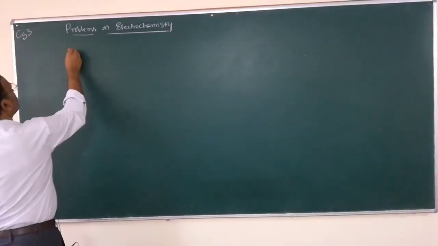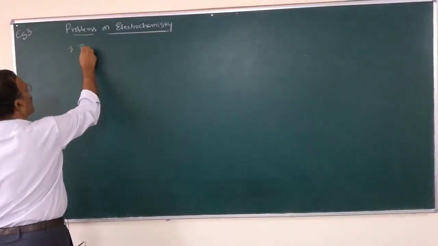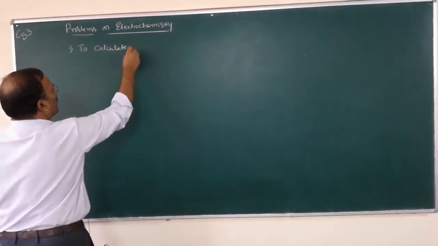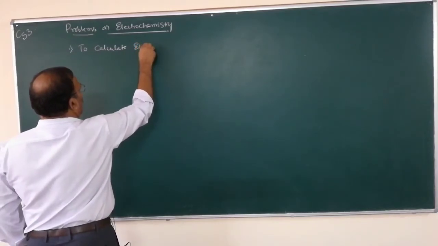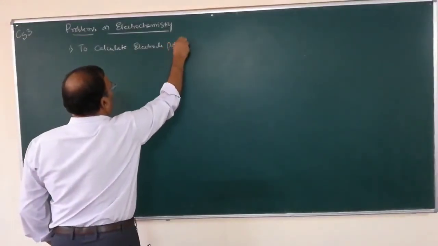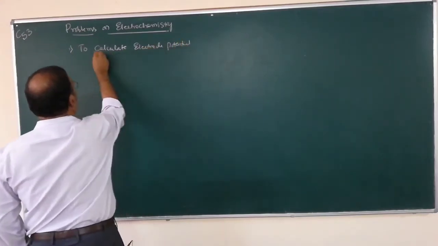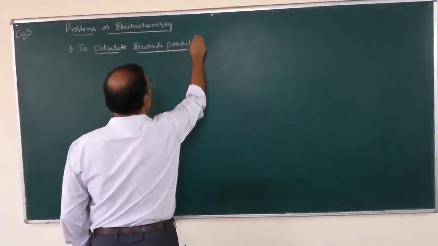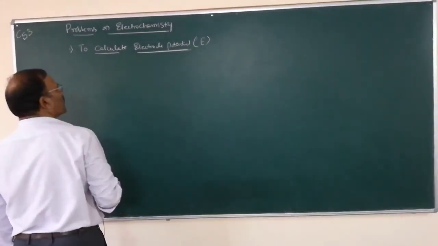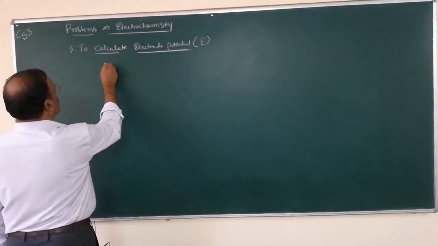Number one, to calculate electrode potential, that is E. So, what is the formula to calculate electrode potential?